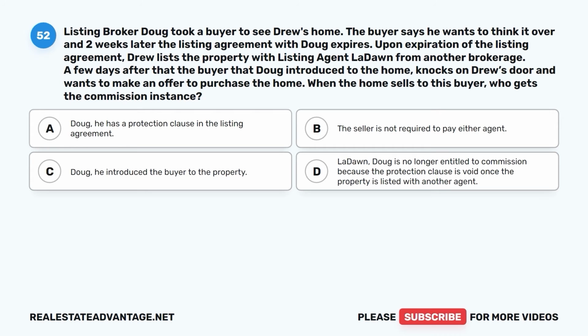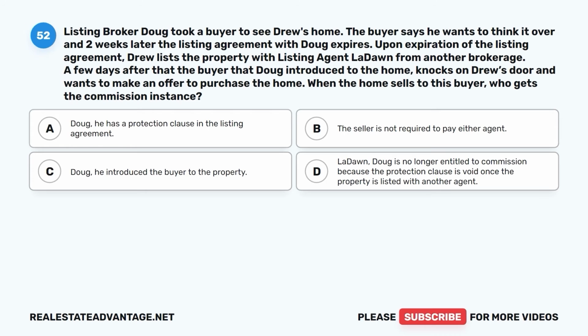A. Doug. He has a protection clause in the listing agreement. B. The seller is not required to pay either agent. C. Doug, he introduced a buyer to the property. D. LaDawn, Doug is no longer entitled to commission because the protection clause is void once the property is listed with another agent.